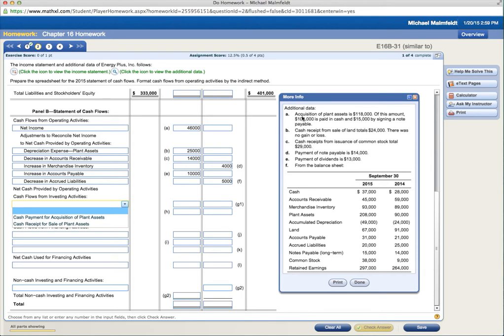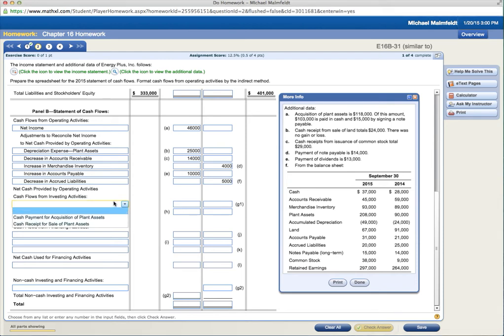If we look at additional data section A here, we see, okay, here's the $118,000 change in plant assets. Of that amount, $103,000 is paid in cash. So we're concerned with that cash payment because that affects cash flows from investing activities.